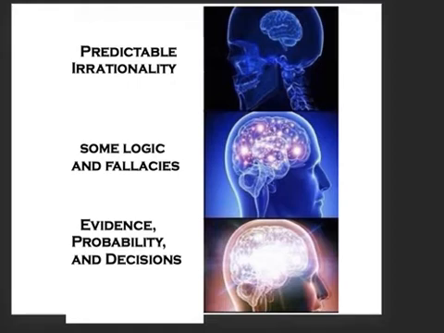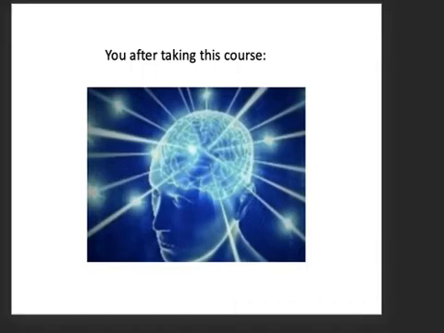Then we'll also be talking about more theoretical issues or fallacies in reasoning, and we'll be learning about how to use logic in order to understand why those are fallacies. And then we'll also be looking at how probability and decisions work. So these things that you'll learn will make you much smarter, as you can see from the pictures of the brain, and that's your brain. And then after you take this class, you will have the galaxy brain.